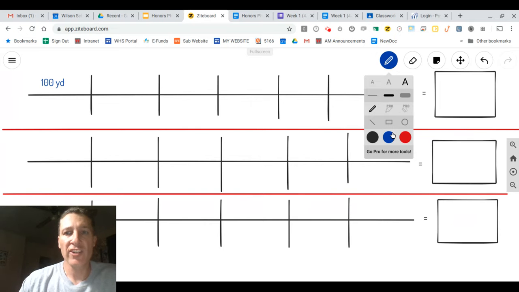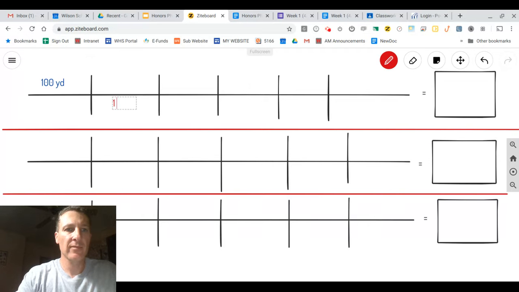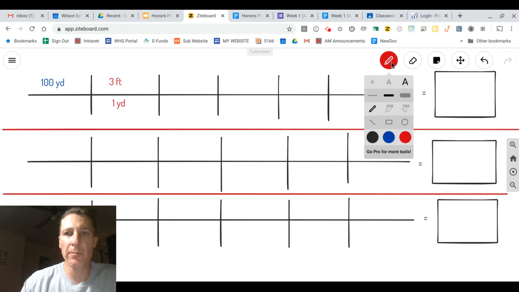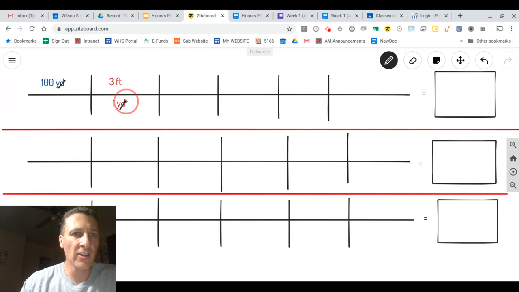If I wanted to convert this into Mr. Mel's, I need to use some information, some conversion fractions I know. I know that 1 yard is equivalent to 3 feet. If I just stopped here, that's how I get to 300 feet.